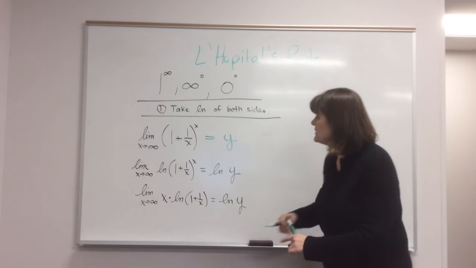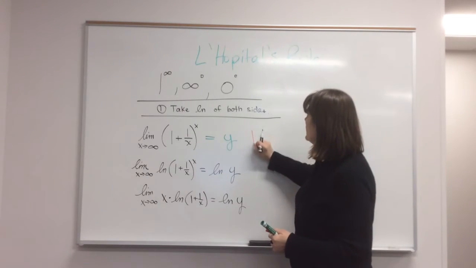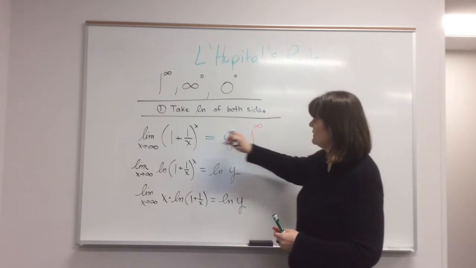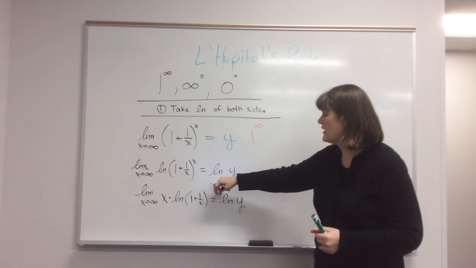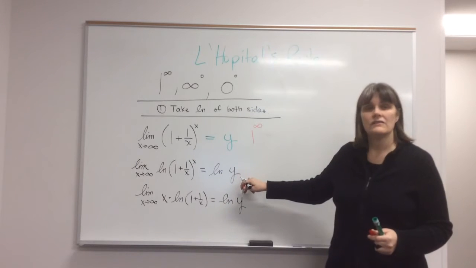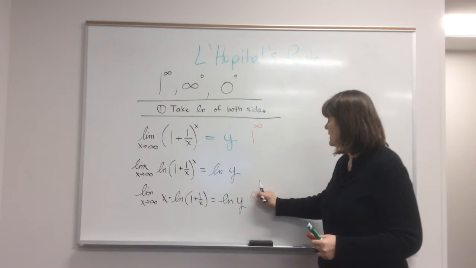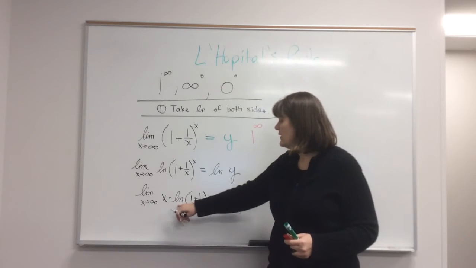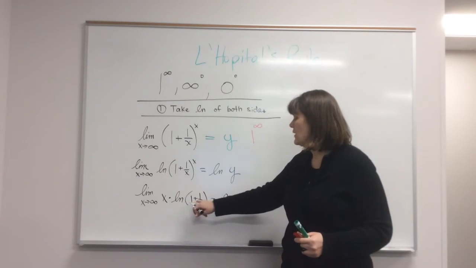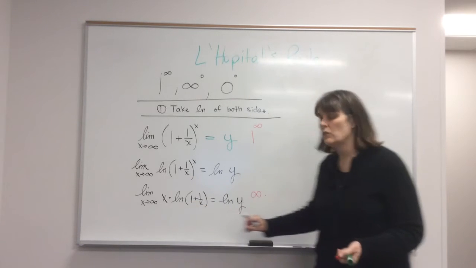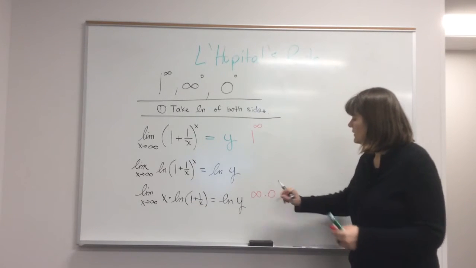I forgot to write it, I'm sorry. Up here, we got 1 to the infinity. So we knew we needed to take the natural log of both sides. Now that I've done that, if I plug in infinity, I get infinity times the natural log of 1 plus 0. So the natural log of 1 is 0.